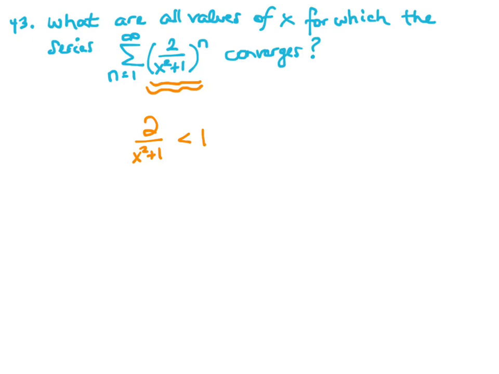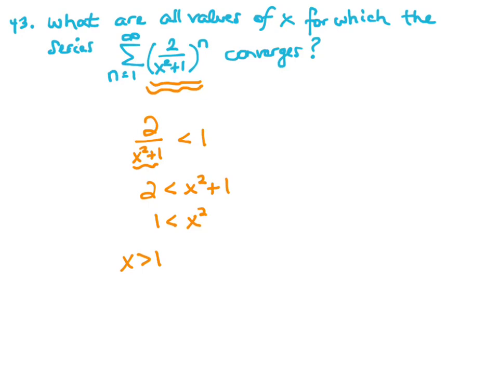So we need to solve this for x. I'm going to multiply by x squared plus 1, so I get 2 less than x squared plus 1, which means x squared is greater than 1. And so that means if I square root both sides, it seems like maybe x greater than 1 would be the only answer.